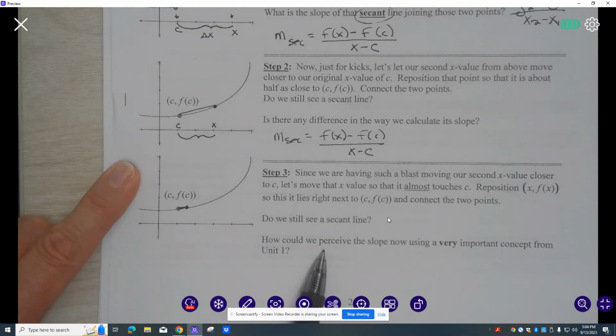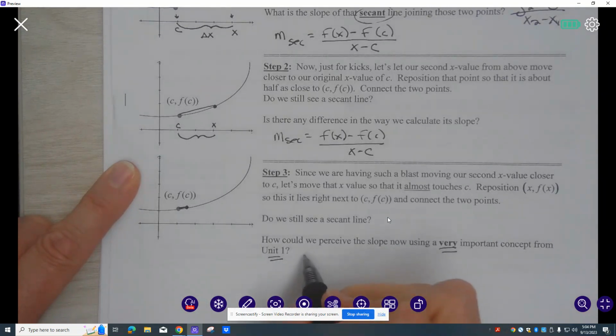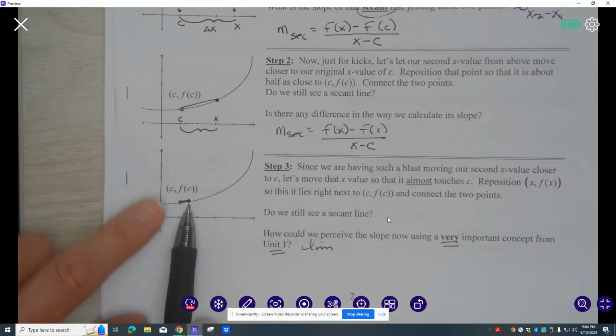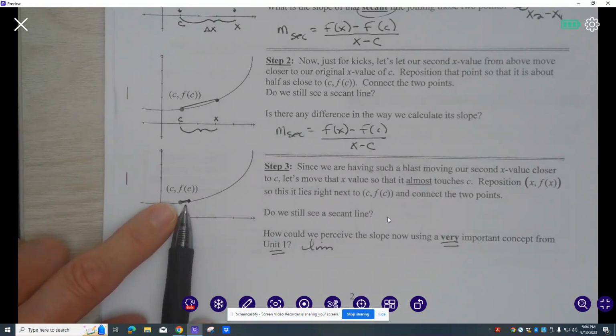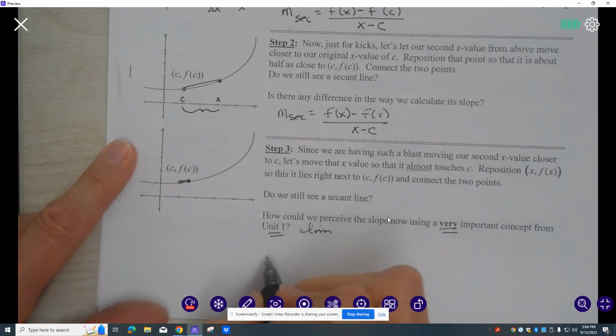This says, how could we perceive the slope now using a very important concept from Unit 1? That would be a limit. So what we want to do now is say, well, our goal is to get these 2 points as close together as we can. So the way we want to do that with a limit is we want to say we're estimating the slope of a tangent line.